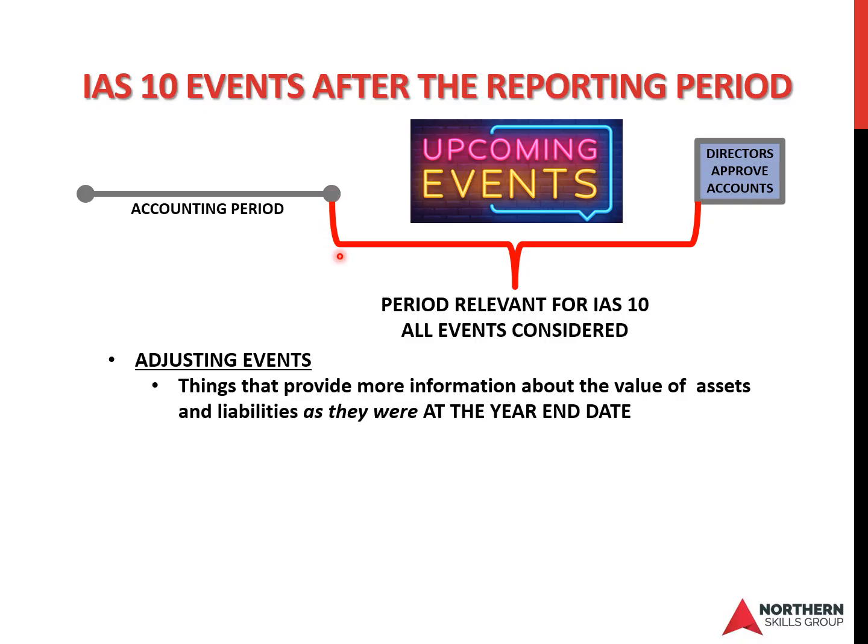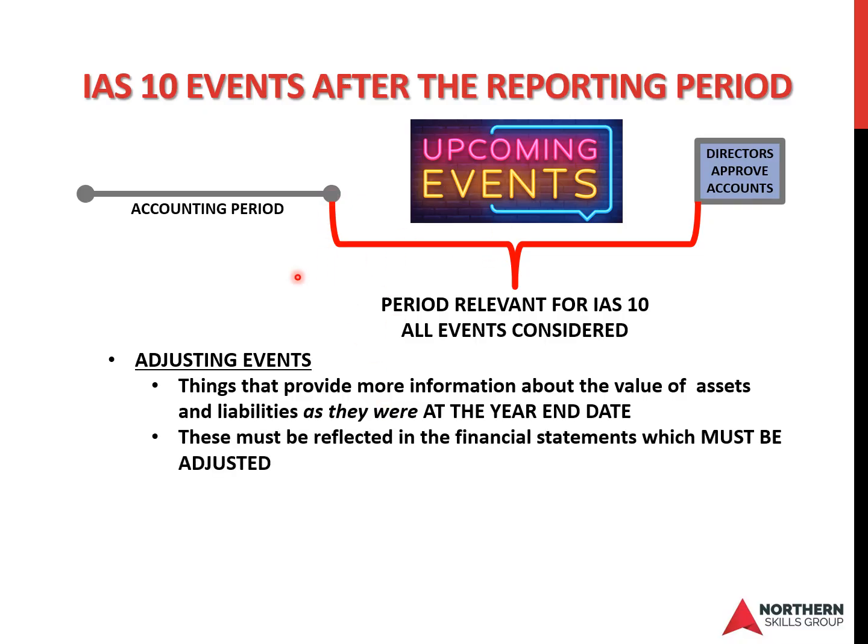And those bits of information should be reflected in the financial statements. So if, for example, you learned that for one reason or another an error has been made in the valuation of stock at the year end, then you should adjust the statement of financial position inventory amount for that. So an adjusting event, anything that provides more information than you had before about the true value of assets and liabilities at the year end.